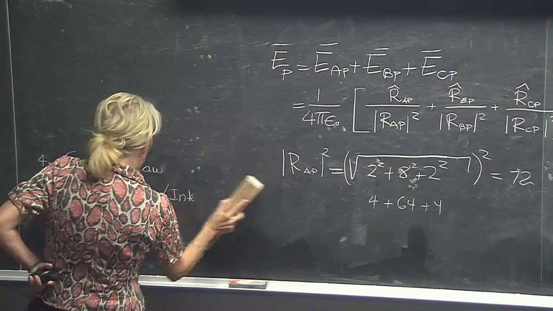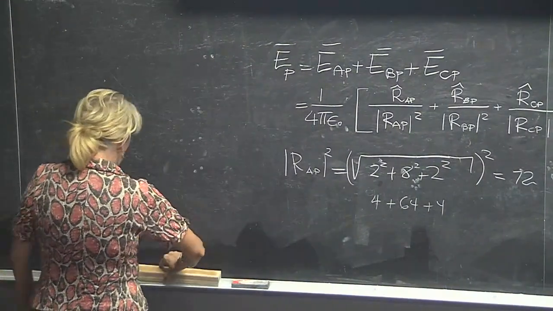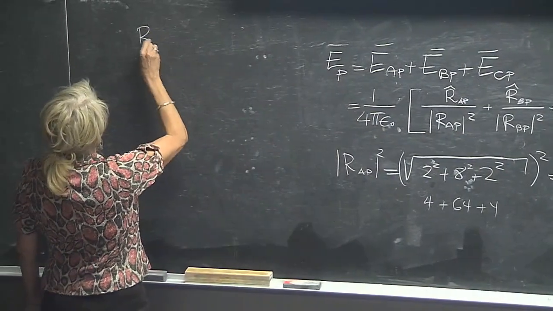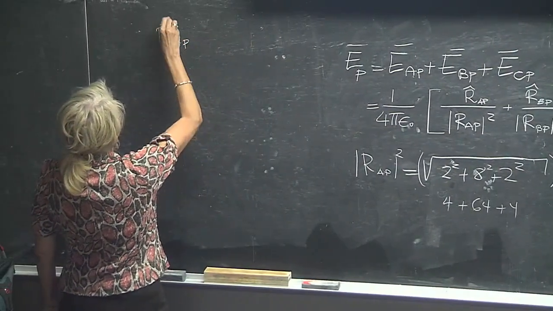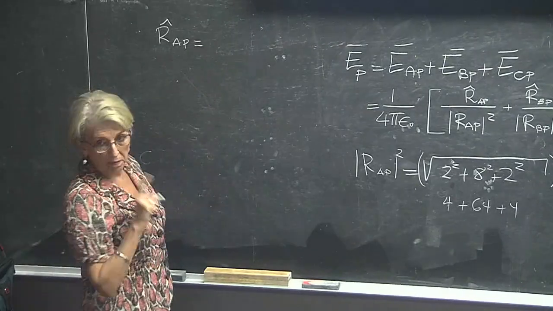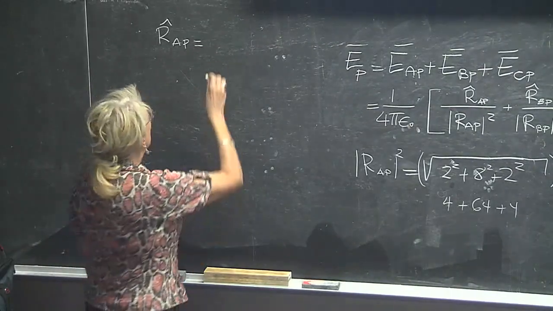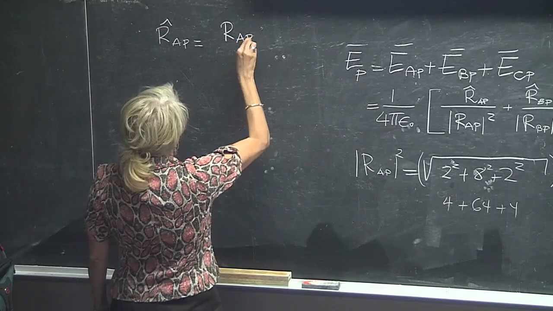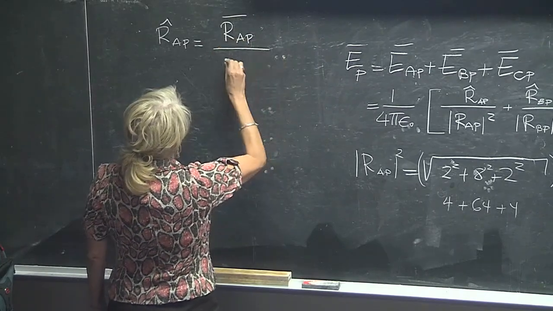What I said last time is that a unit vector, so I will write it for the unit vector RAP, which only shows the direction of the vector RAP, is nothing else but the vector RAP divided by its amplitude.